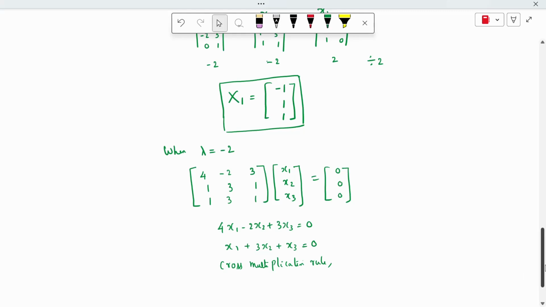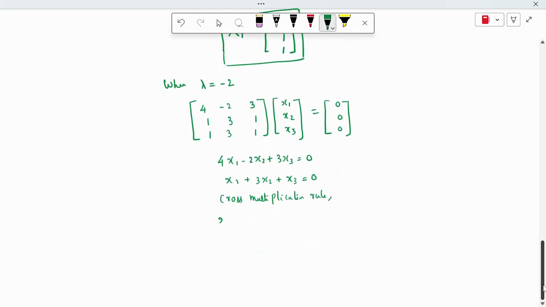So when I solve by the cross multiplication rule again, it is x1 divided by, minus x2 divided by, x3 divided by. So now x1 is minus 2, 3, 3, 1. x2 is 4, 3, 1, 1. x3 is 4 minus 2, 1, 3. Now I do the calculation: minus 2 minus 9, minus 11 is the answer.